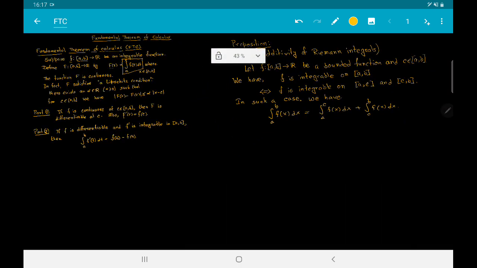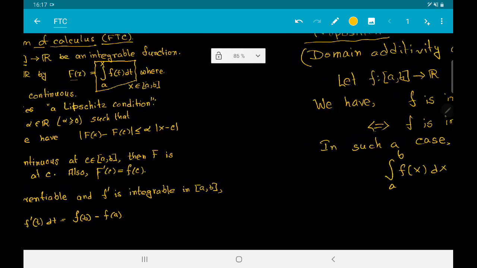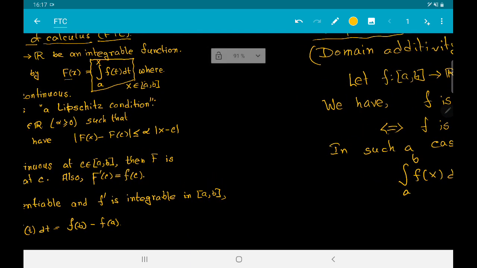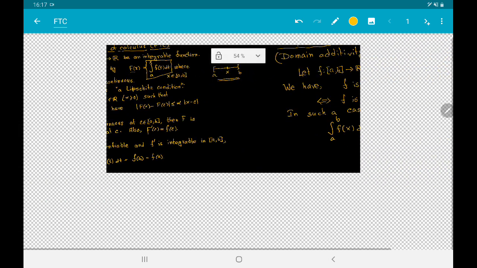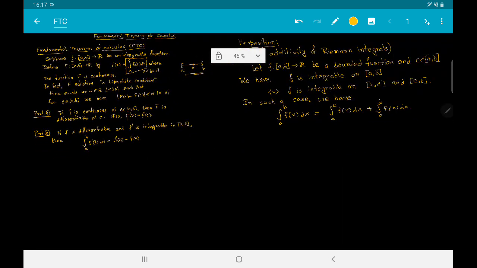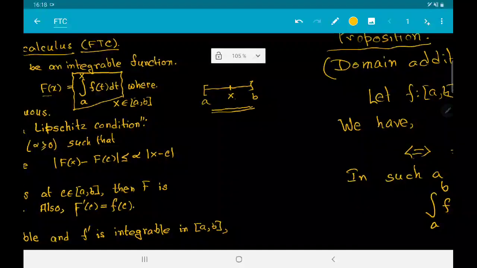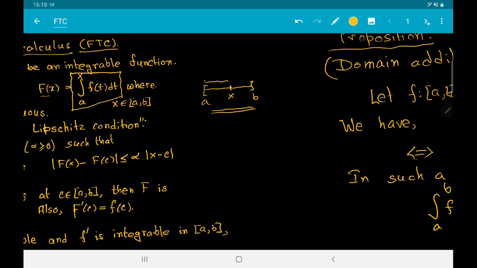Now here in the statement of the fundamental theorem of calculus, this point x lies somewhere between a and b. So this is our closed interval, this is a, and this is b, and our x lies somewhere here. Since f is integrable on the whole interval, by this proposition, domain additivity, we see that f is integrable in this interval.